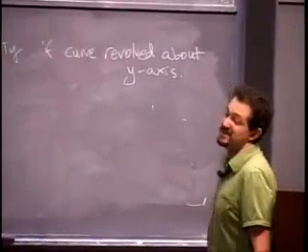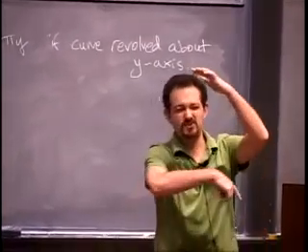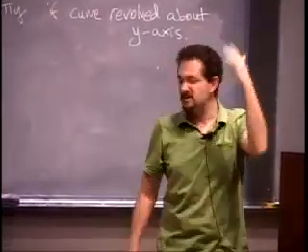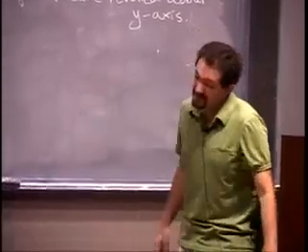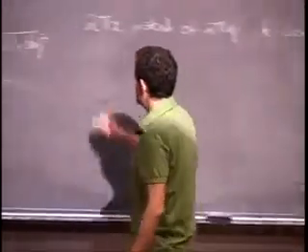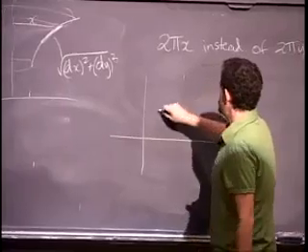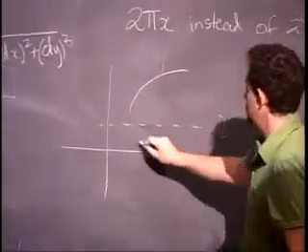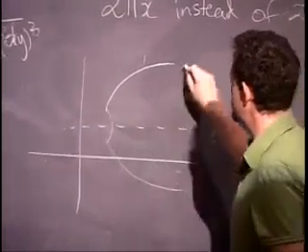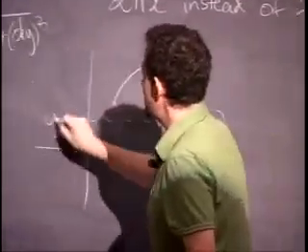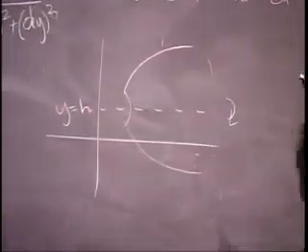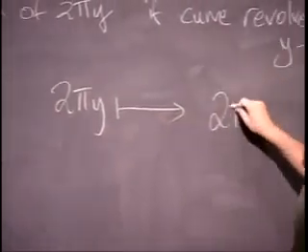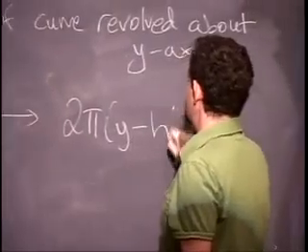There really isn't variation 2, though, because you can't have the surface area between two curves. There's no area to start with. So there's no variation 2. There could be a variation 3, though, I'm afraid. What if you took your little bit of arc length and the thing you want to revolve around to get your surface is y equals h? Well, then, instead of 2 pi y, that has got to be 2 pi times y minus h.